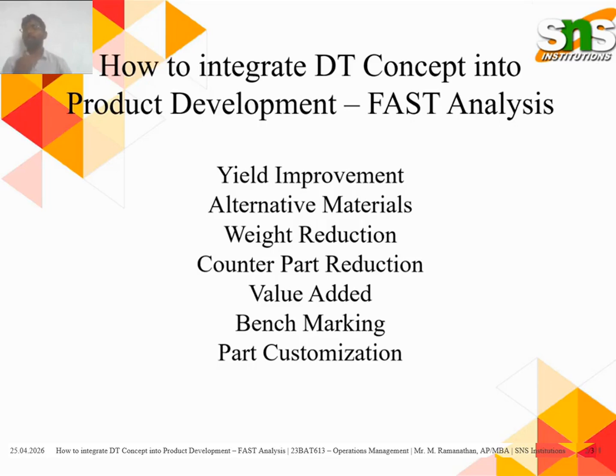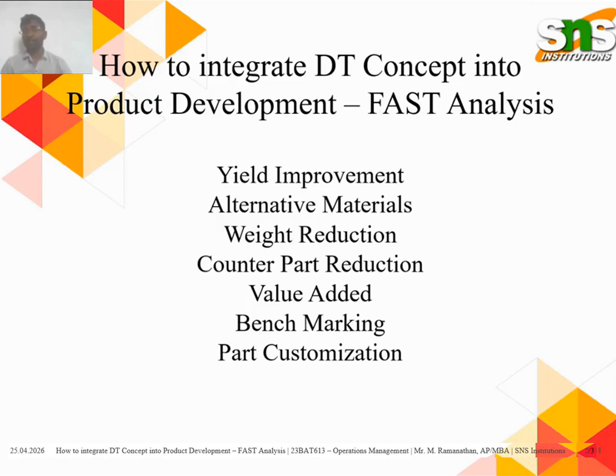If I use some alternate material which helps me reduce the weight, it is called a product improvement. If I bring certain new features or a new improvement to that product, that also adds value to that particular product.